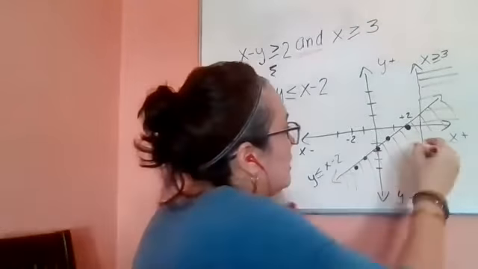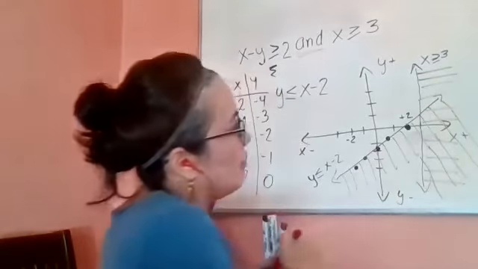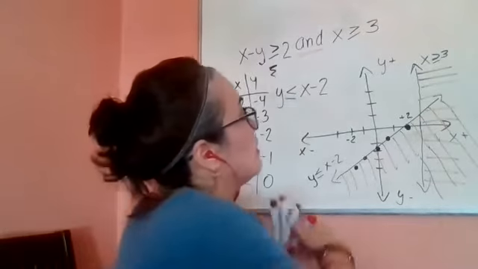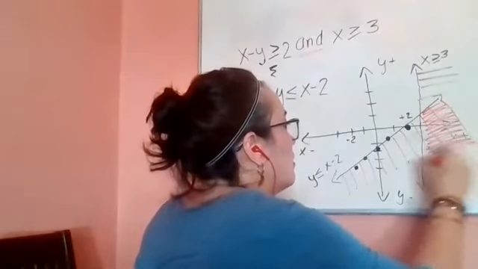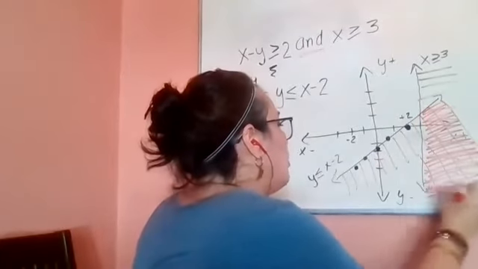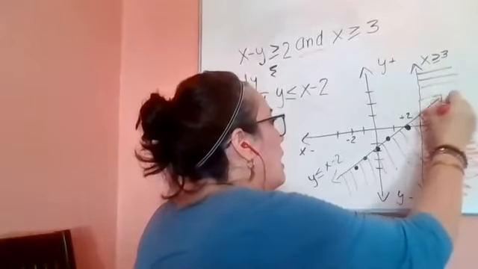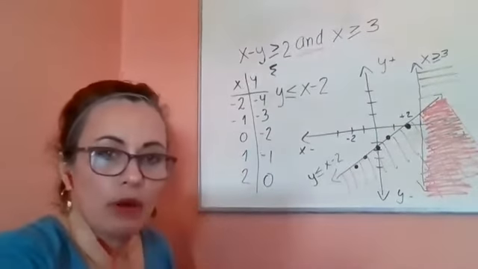I'm going to make this line longer. So you see the combination, and you're going to see it right here. This is going to be the shading. Which one is the part where you get both colors at the same time? That's going to be the answer to your problem.